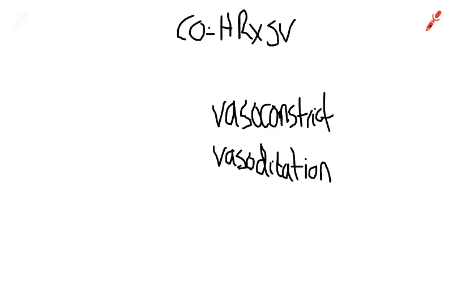All these organs are very active when you're resting, but when you're exercising, they're not that active. So most of the blood is going to your kidneys, your liver, of course your brain, your heart, and your digestive system. That's where most of the blood is going at rest.